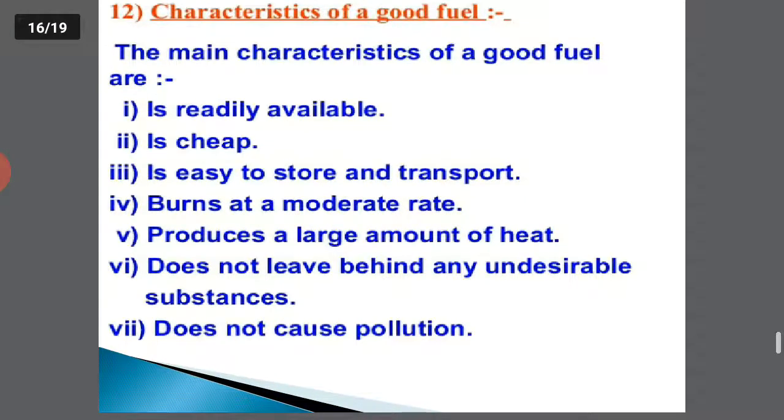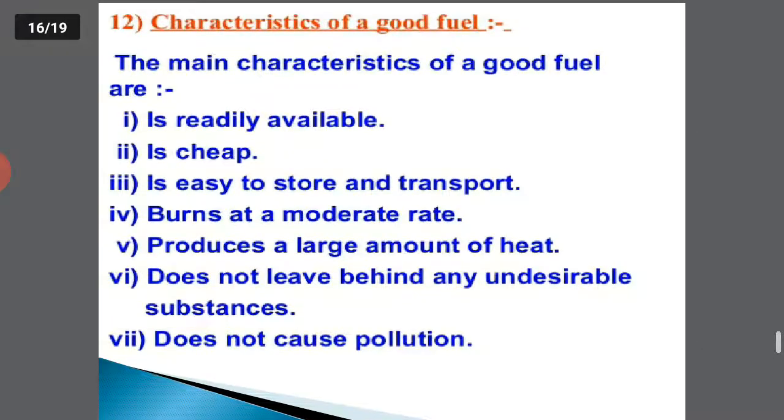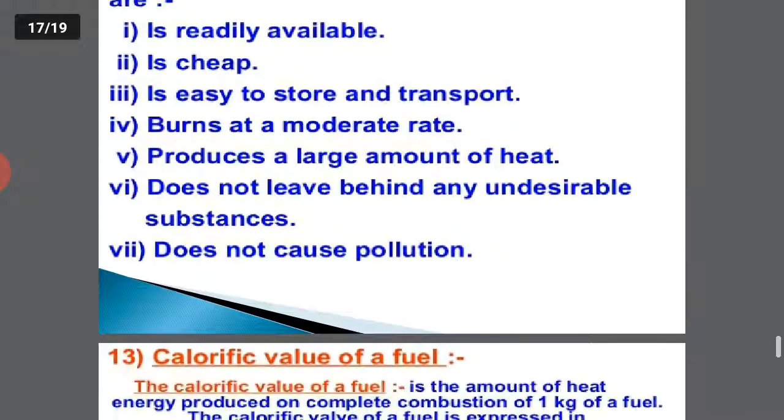It undergoes complete combustion. If complete combustion is taking place in the fuel, then it will be considered a good fuel. And last but not least, it does not cause any type of pollution, either sound pollution, or air pollution. Got it?